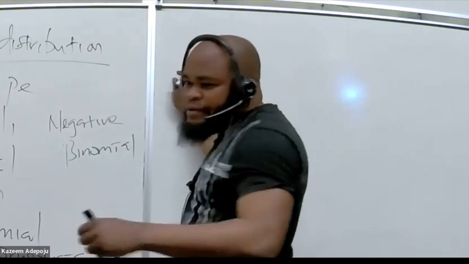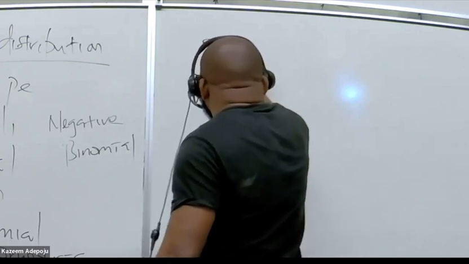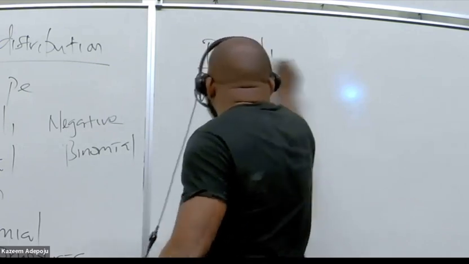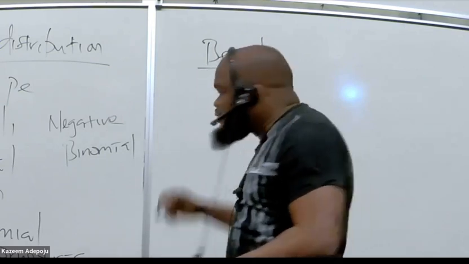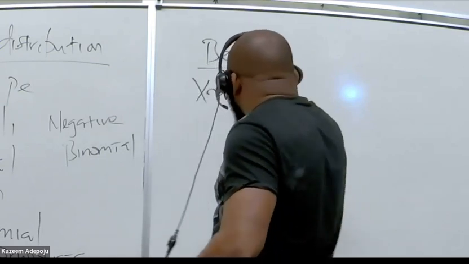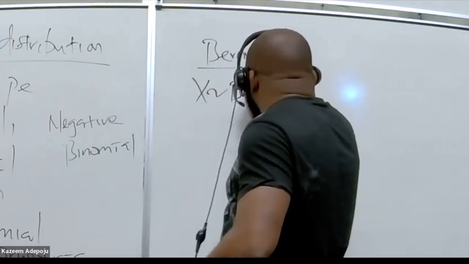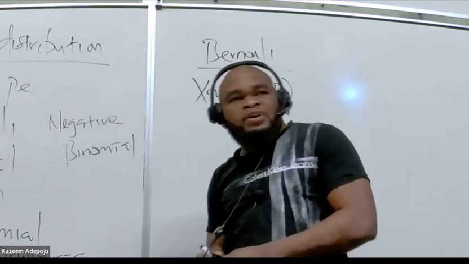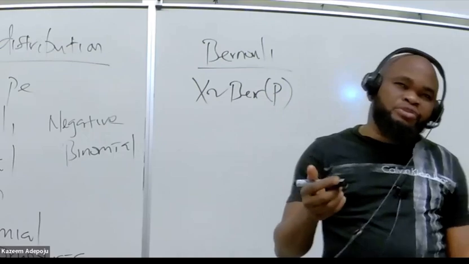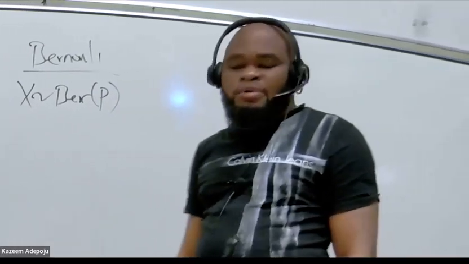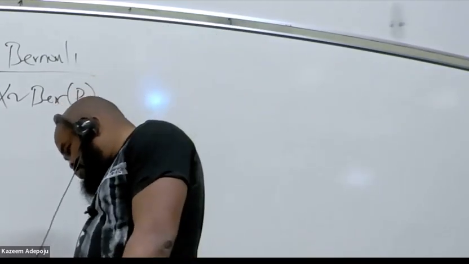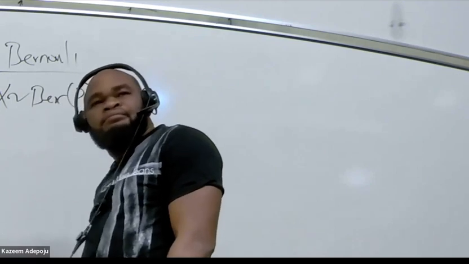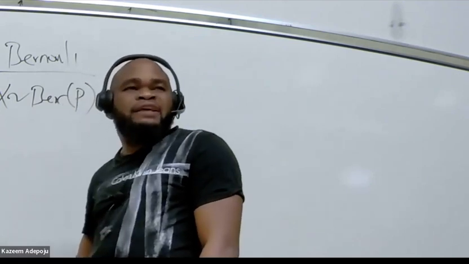We started with the Bernoulli, and I said a random variable x follows Bernoulli with a parameter p. Of course, we use Bernoulli distribution where we have two possible outcomes, and the number of trials is 1.